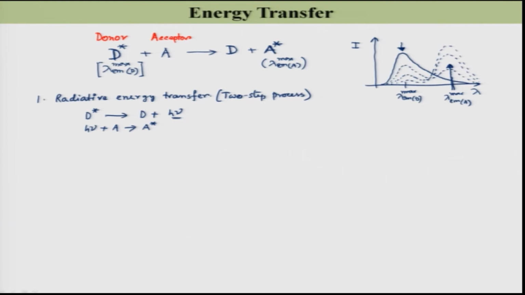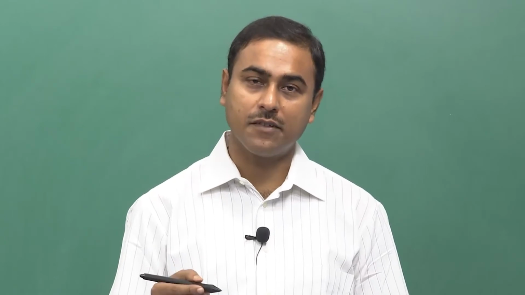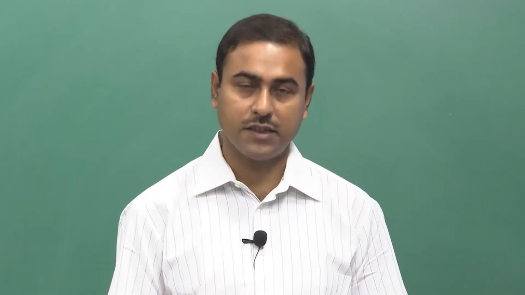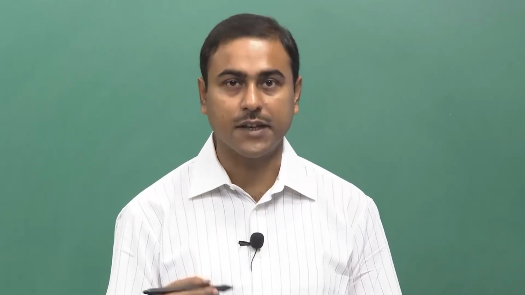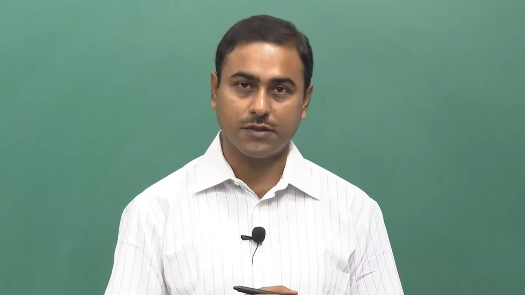Again, if you look at this, you see that this emitted photon has to be absorbed by this A, and that clearly tells me if I have more A present nearby the D, then these processes are more feasible. So, it is also directly proportional to the concentration of A molecules present in the solution.